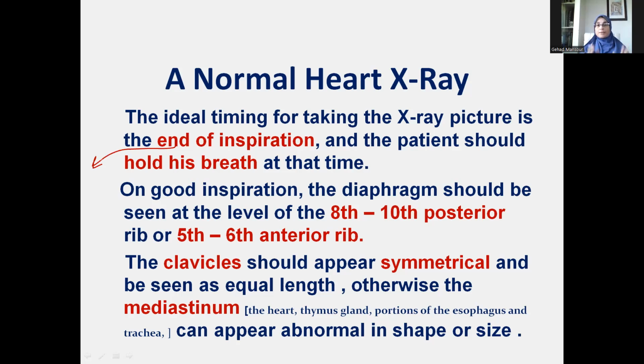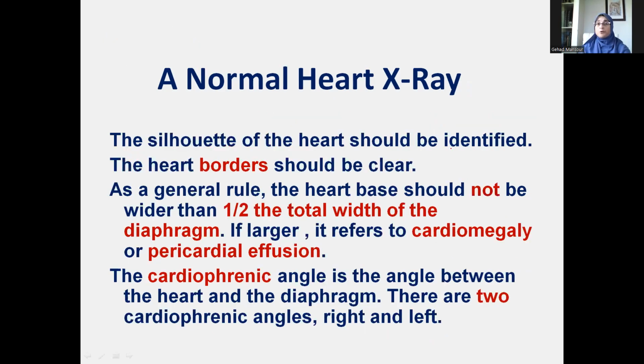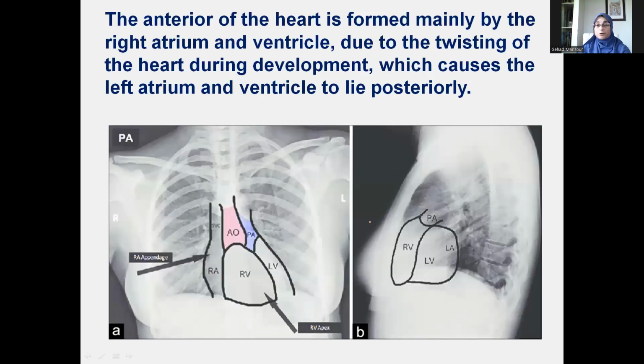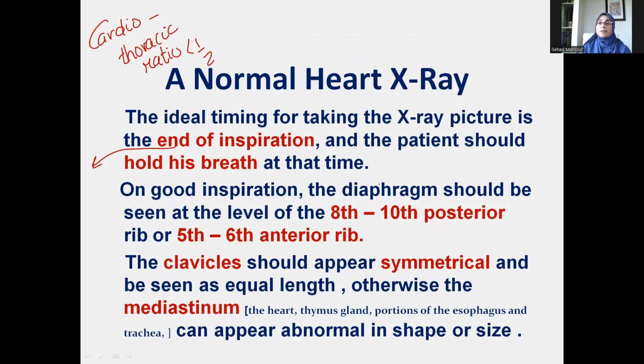So before estimating the size of the heart and whether it is normal, and by the way, we call this the cardiothoracic ratio, which should be less than a half. This is very important. But before doing this, you should make sure that the X-ray has been taken at the right timing.